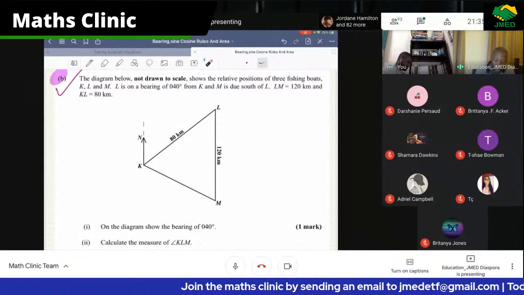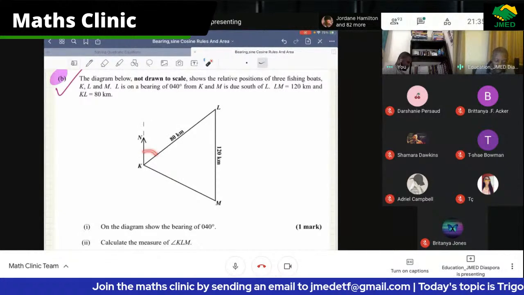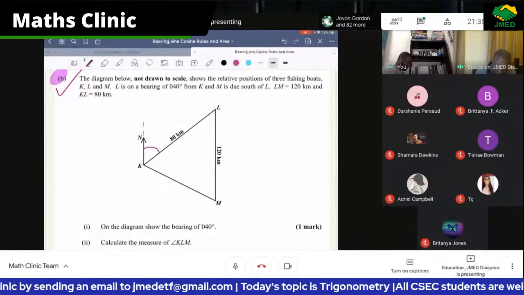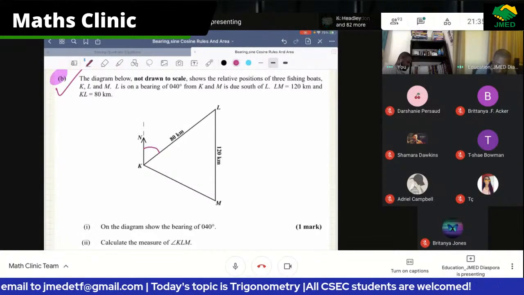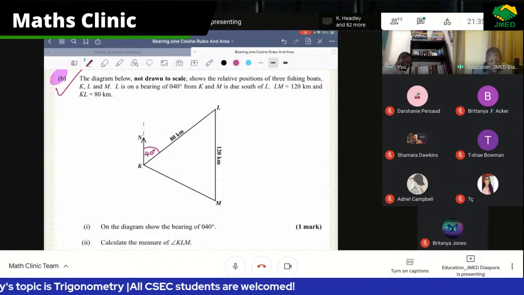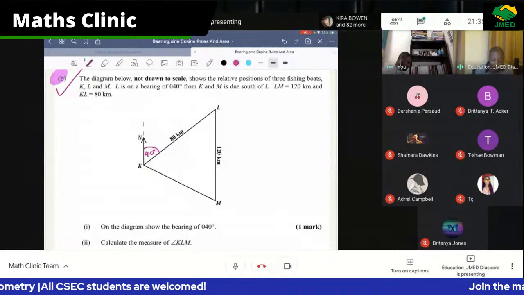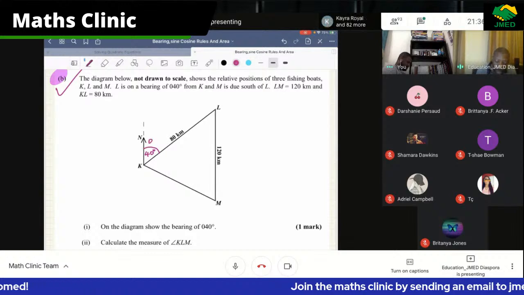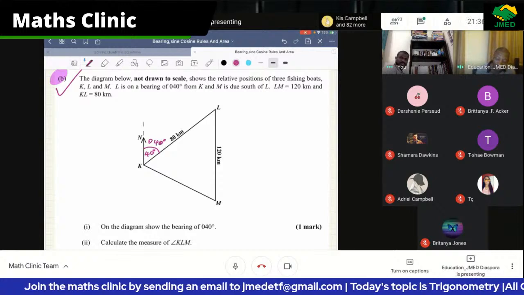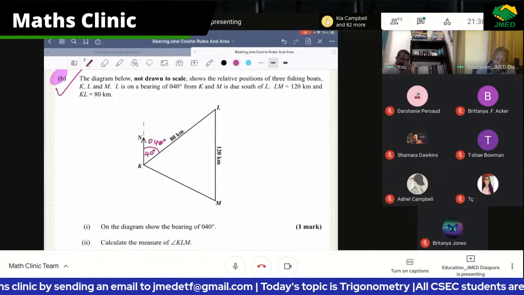degrees from K. So in other words, they are telling me that from K, the reference point, this is 40 degrees. But because it's a bearing of 040 degrees, I can either put the angle there or I put the bearing, depending on what you are asked and what is required of you.